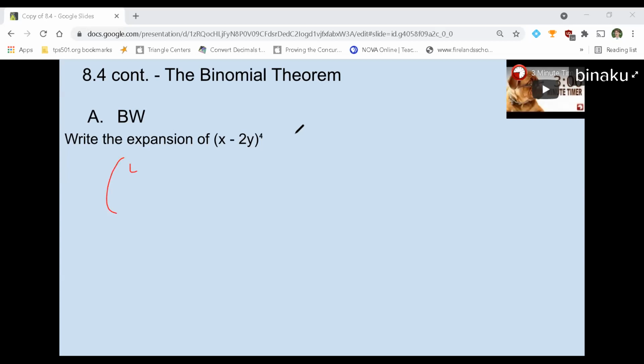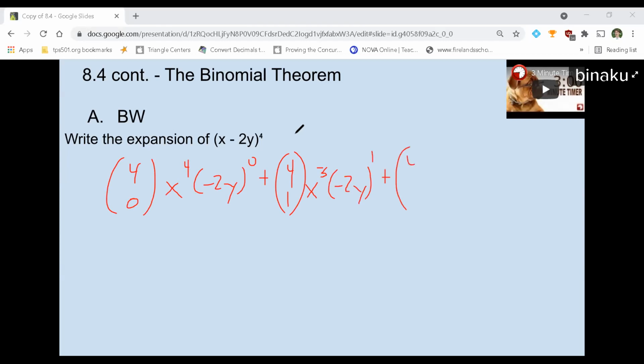You'll do a combination of 4 to 0, x to the 4th, negative 2y to the 0, plus 4, 1, x cubed, negative 2y to the 1st, plus 4, 2.